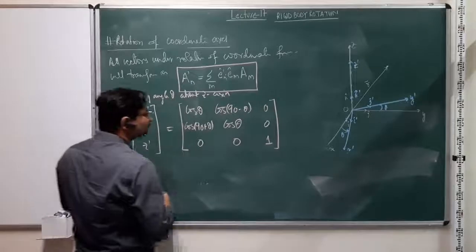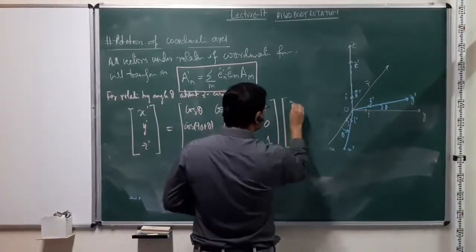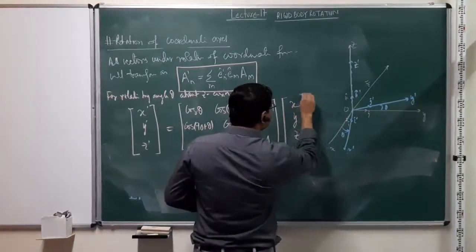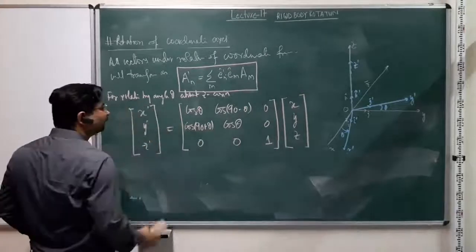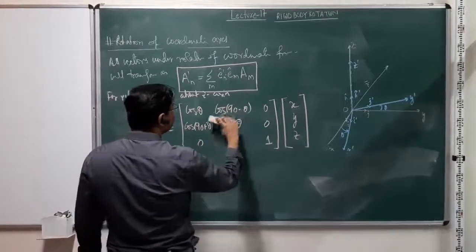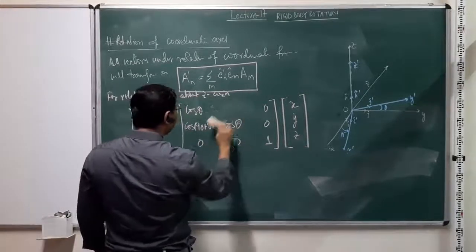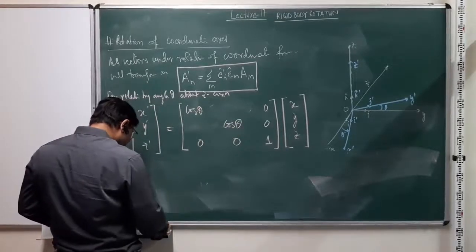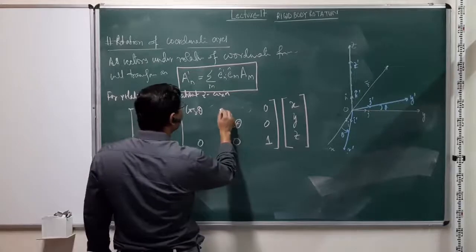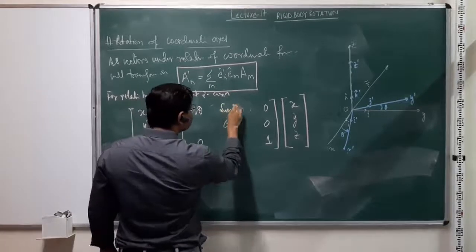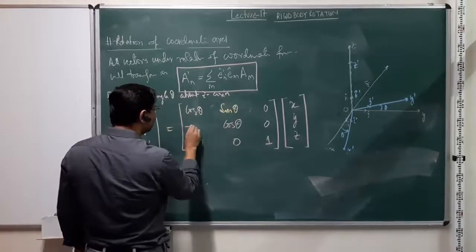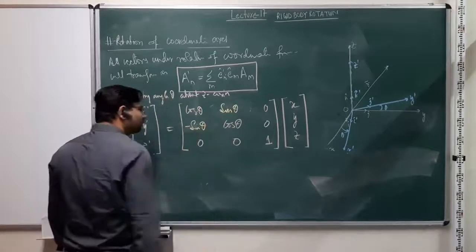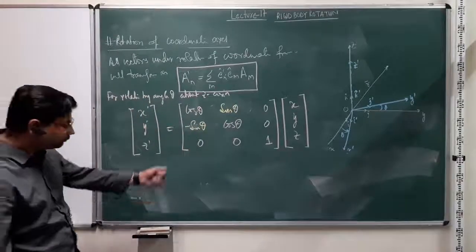So this is my transformation rule for this special case x, y, z, which you may have seen earlier, right? But this is the origin of this, and now in a better known form, we can write this as sin theta, which is nothing but cos 90 minus theta, and minus sin theta, which is nothing but cos 90 plus theta, right?